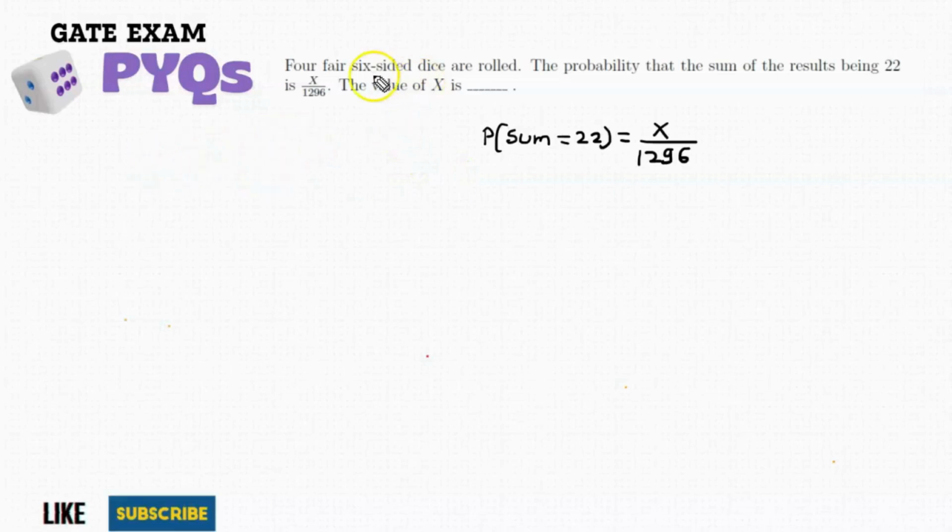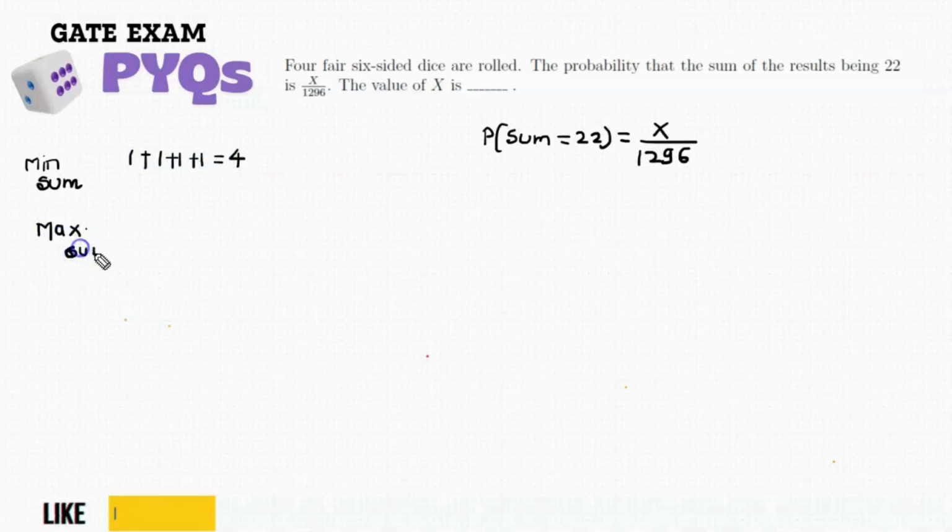Like if we have 6-sided dice, what is the minimum sum in this case? It is going to be 1 plus 1 plus 1 plus 1, that is 4. And if we talk about maximum sum, it is going to be 6 plus 6 plus 6 plus 6, which gives us 24. We need the sum to be equal to 22.